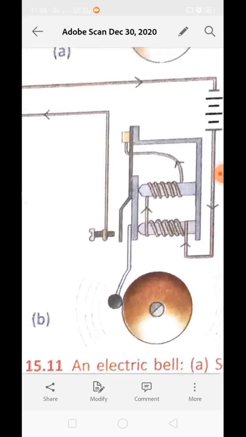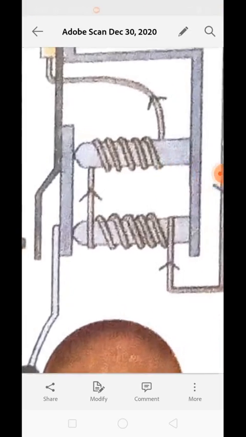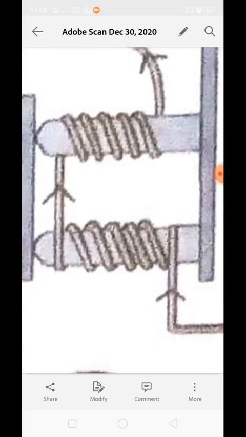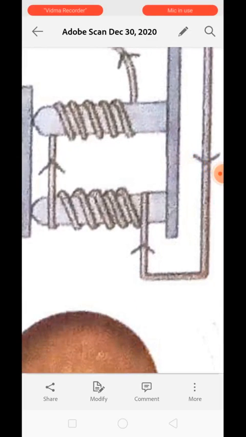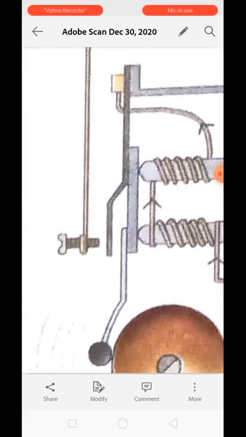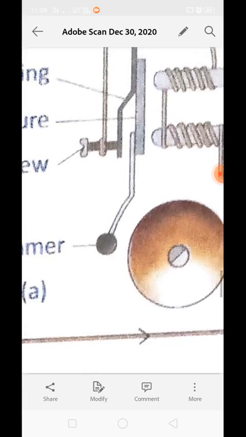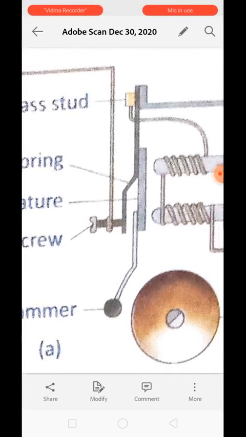Understood? So the attraction power of this U-shaped electromagnet will vanish. And if that happens, with the help of the lever, this armature will return back to its original place. It means it will return like this.